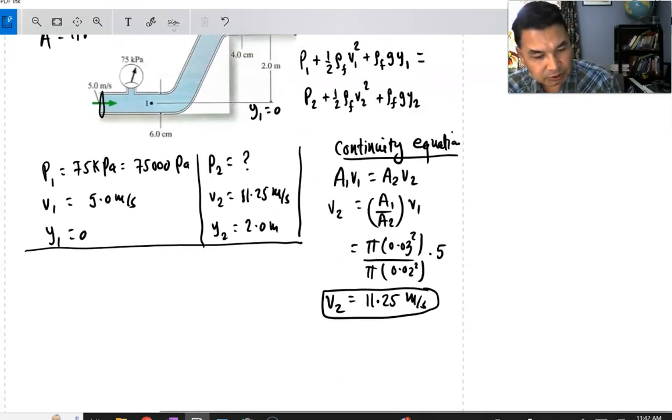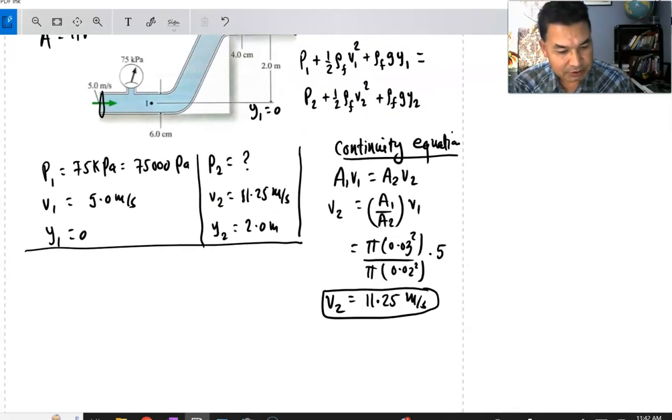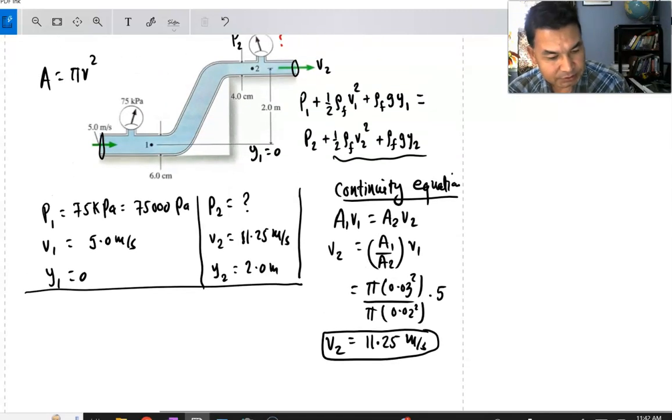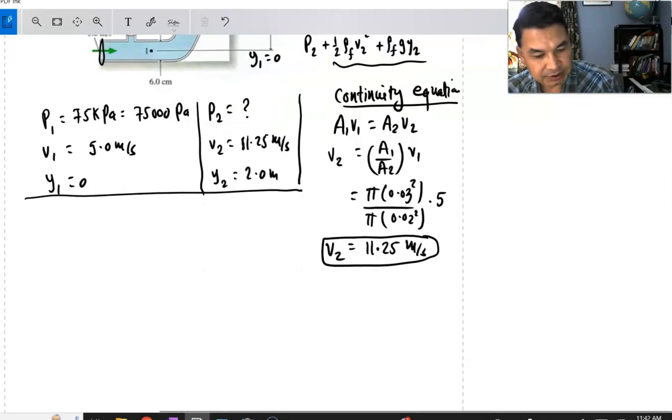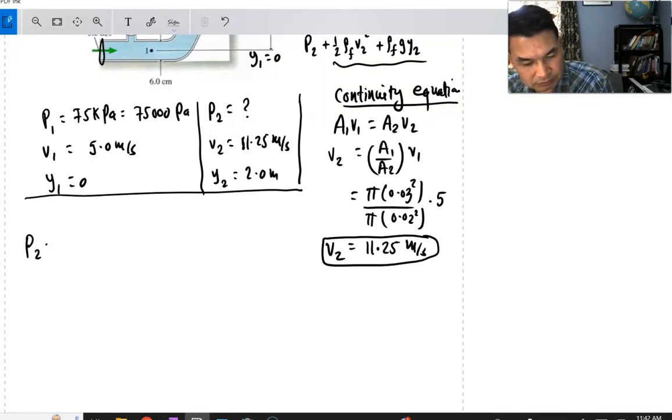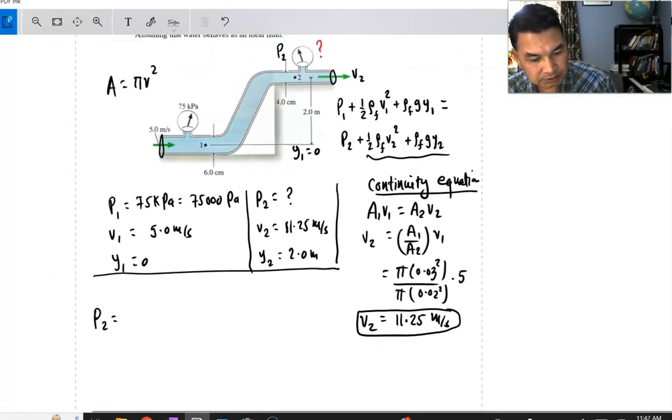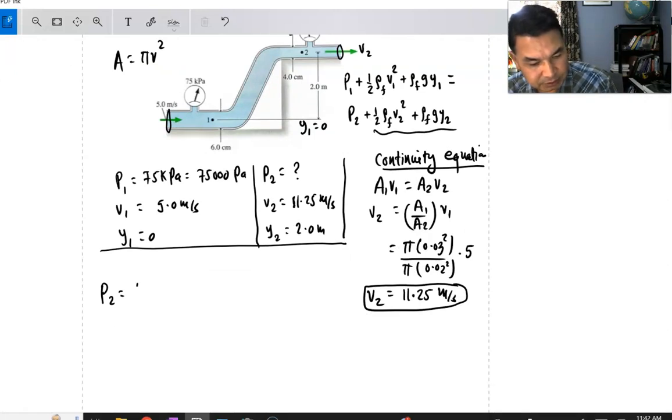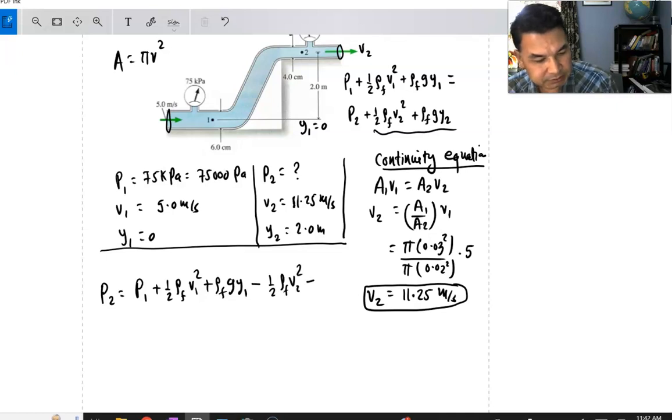From Bernoulli's equation, I'm going to move these two terms to the left hand side, and they become negative. So P2 is now going to be P1 plus 1/2 the density of the water times V1 squared, plus the density of the fluid times gravity times Y1, minus 1/2 the density of the fluid times V2 squared, minus the density of the fluid times g times Y2.